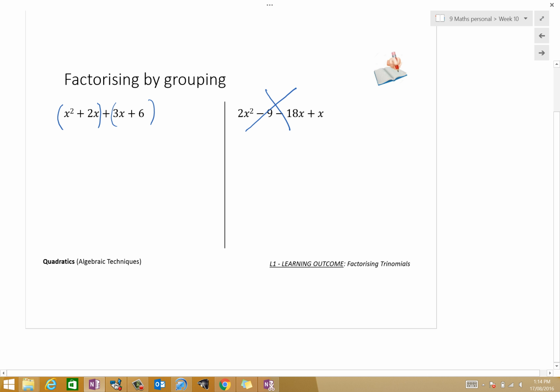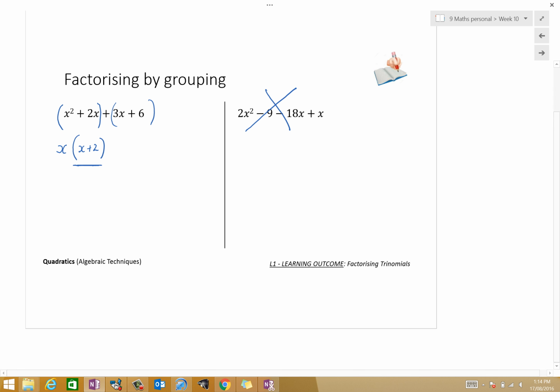So just quickly with this, we're using grouping, so I'm taking out my highest common factor of the first 2, which is x times x plus 2. Now when you're grouping, this will always be the case: if you're going to effectively group, then I need to get x plus 2 again.